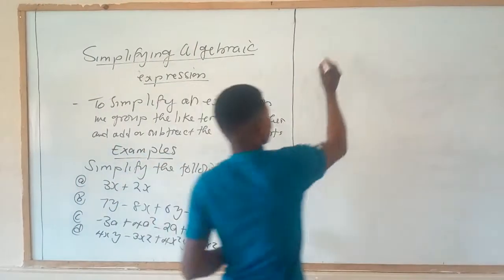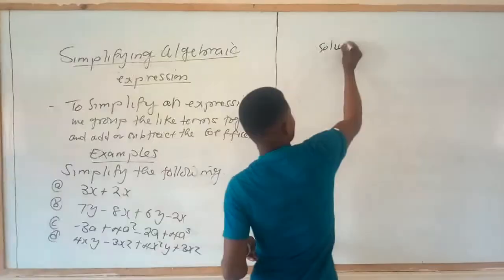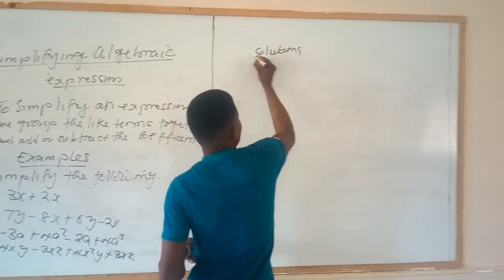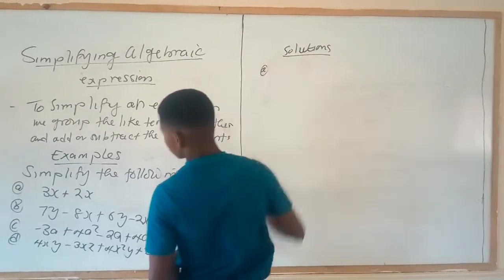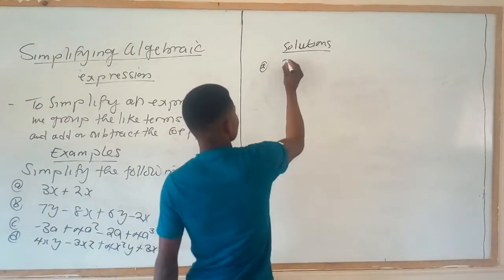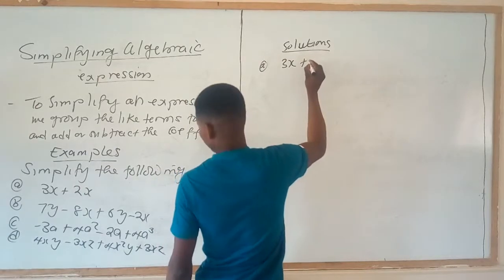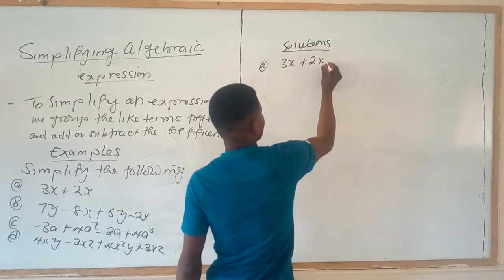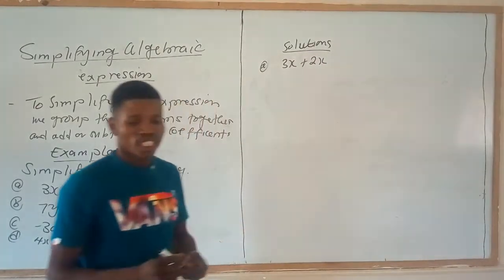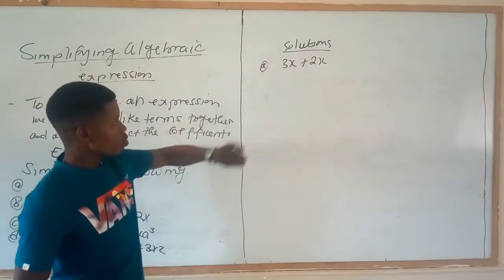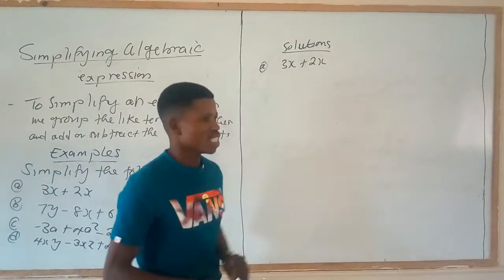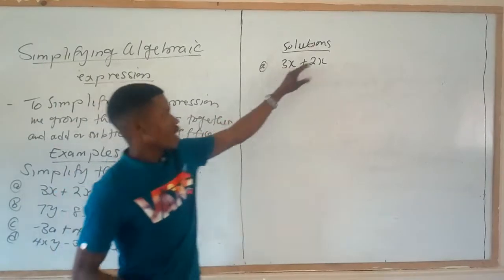So to start with, let us write the solution here. The first one is 3x plus 2x. The first thing we should investigate is, are these like terms?